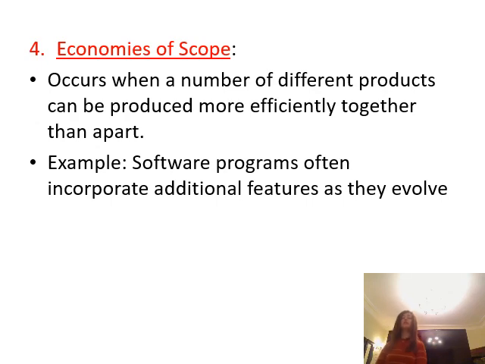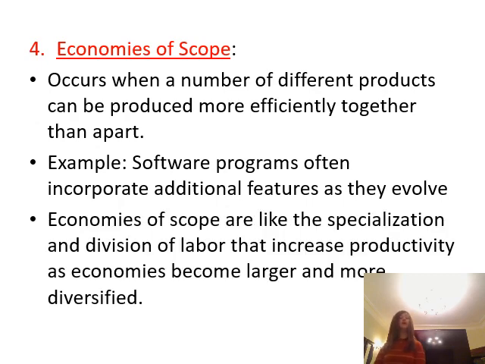One final concept is economies of scope, which is very similar to economies of scale. It occurs when a number of different products can be produced more efficiently together than apart. Sometimes, for example, some software programs incorporate additional features because it is more efficient to group some products and produce them together and sell them together as a package. This is called economies of scope.